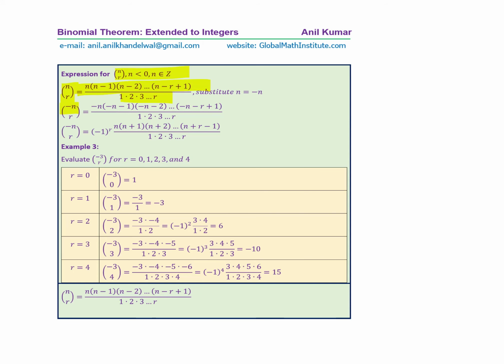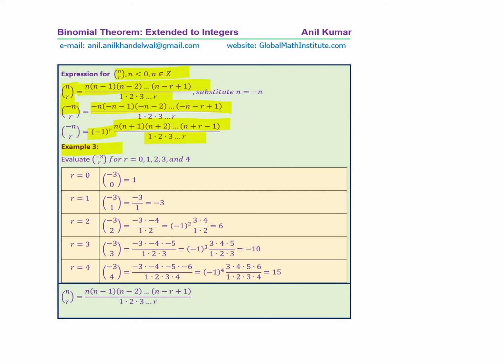And if I substitute minus n, that is how the expression changes. You can always take minus 1 common. Everything in those brackets reverses the sign. So we get n plus 1, n plus 2, and so on till n plus r minus 1. And the divisor, or the denominator, is r factorial.